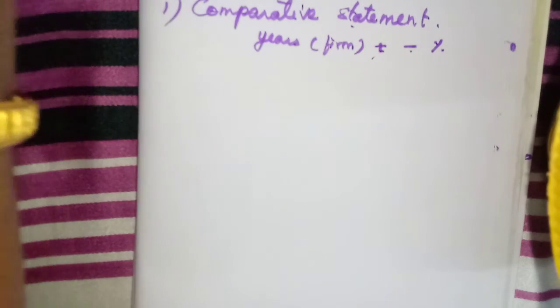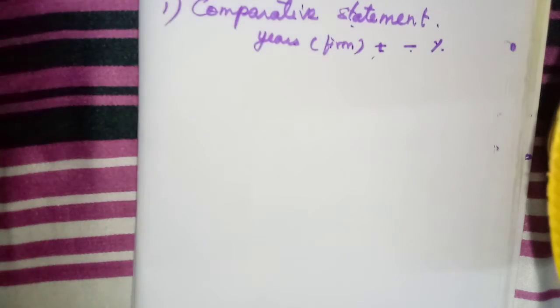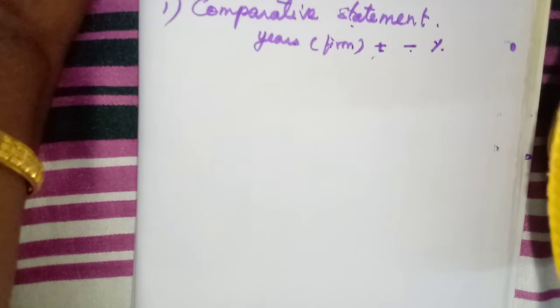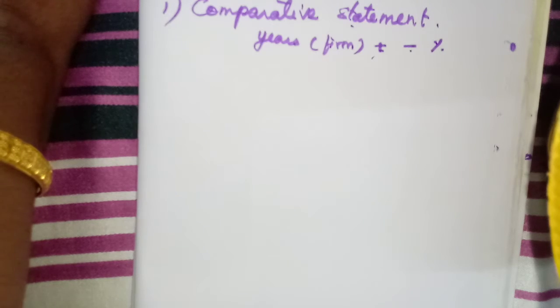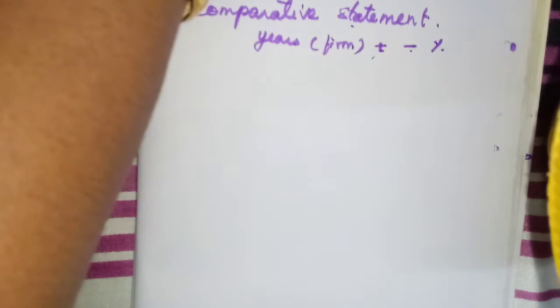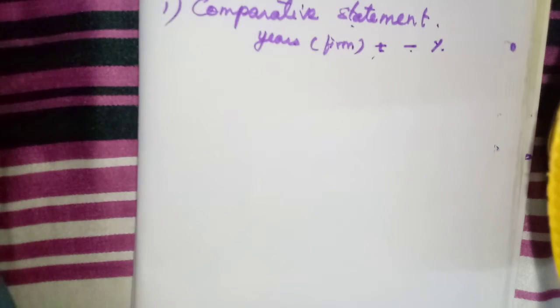Then total revenue less expenses, that is profit before tax. Then less income tax, and the last one is profit after tax. So we will do that problem in the notebook.